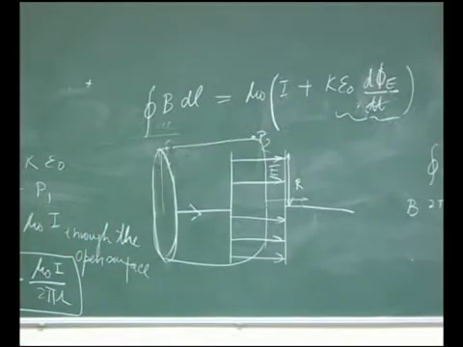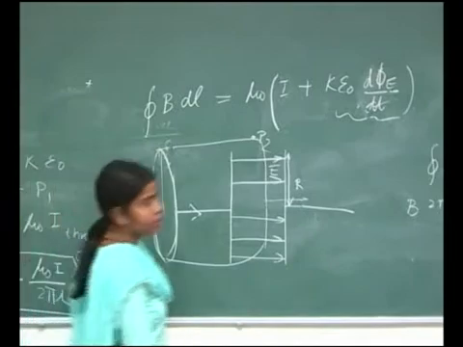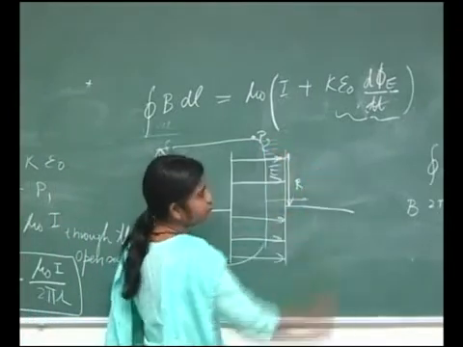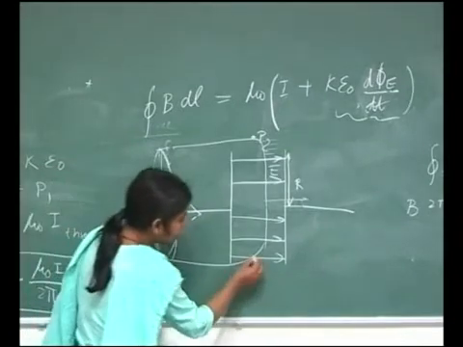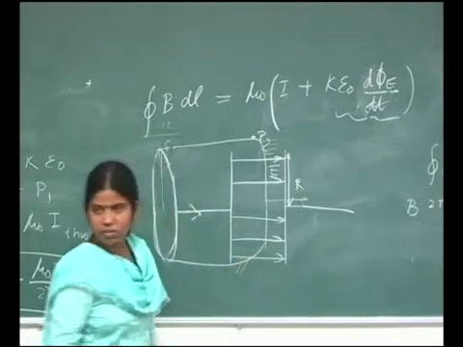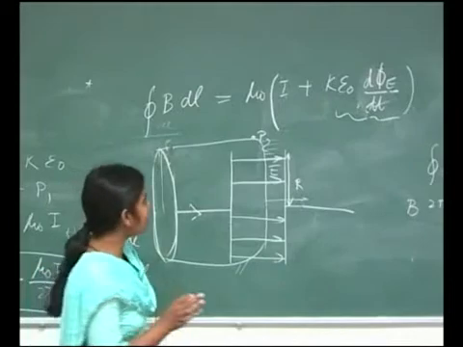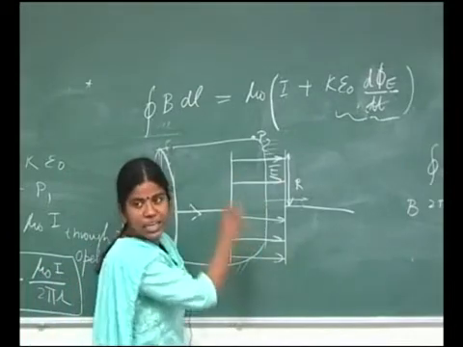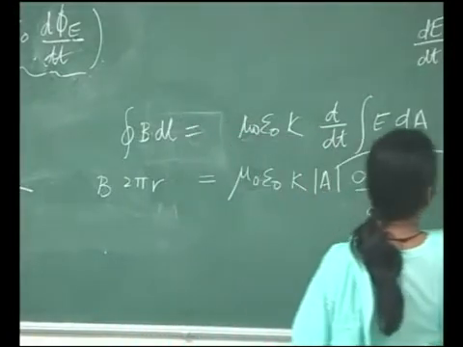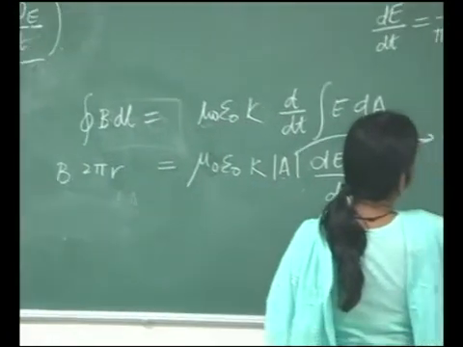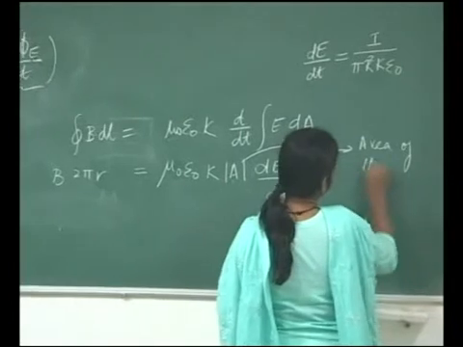Okay. Now, what is the area? See, here there is no electric flux. Outside the capacitor there is no flux, and here also at this point there is no flux. So, I am only interested in the flux. Flux will be generated only inside the capacitor. So, this area A is actually the area of the plate of the capacitor.